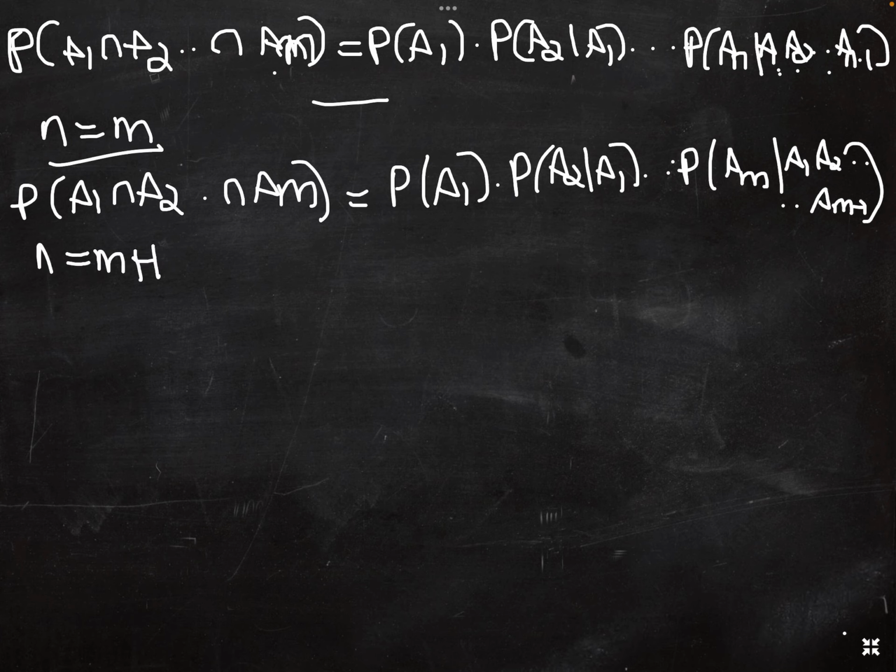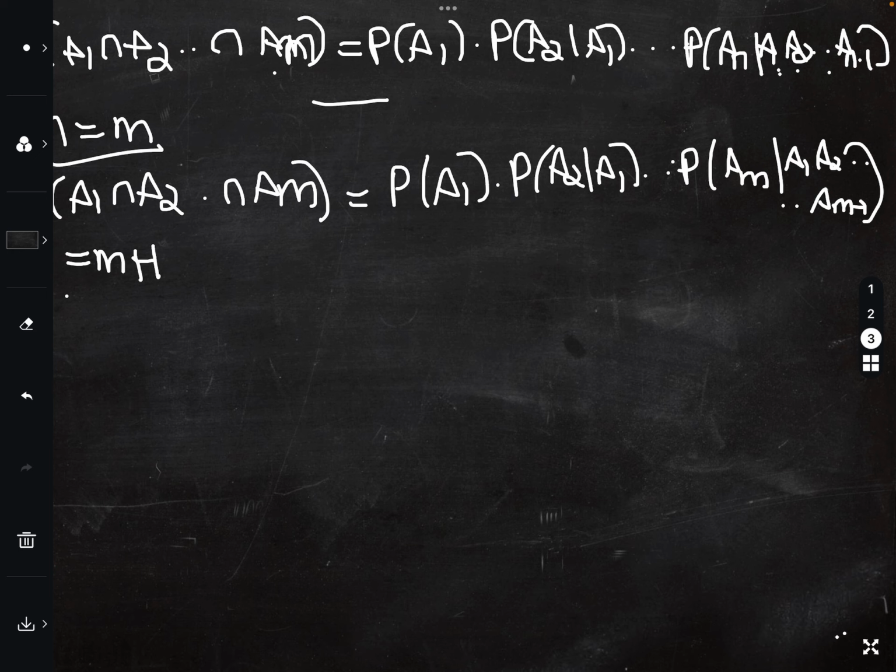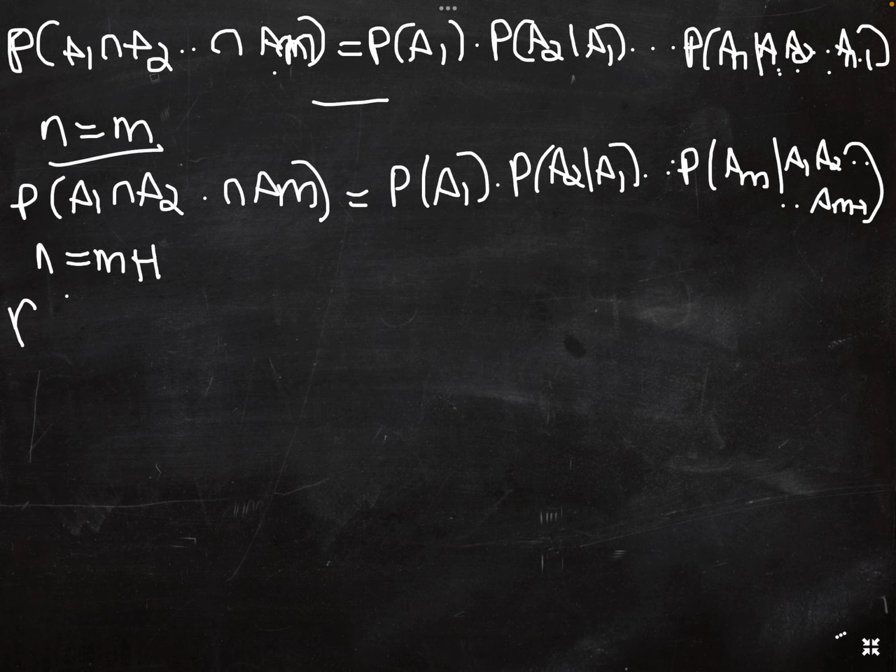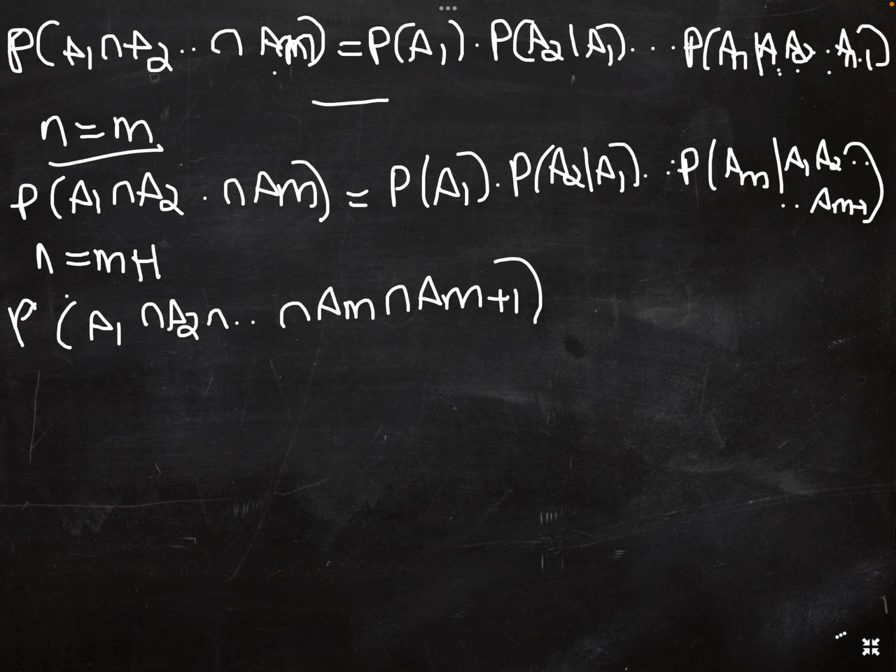Then we have to prove that it is true for n equal to m plus 1. That is, the probability of A1 intersection A2 intersection etc. intersection Am intersection Am plus 1.